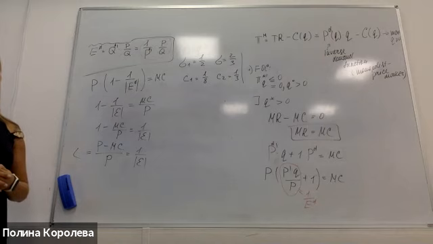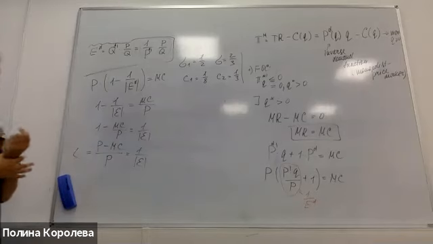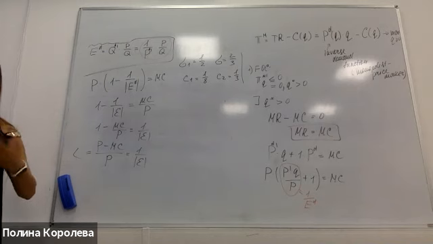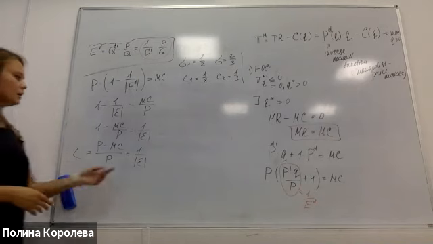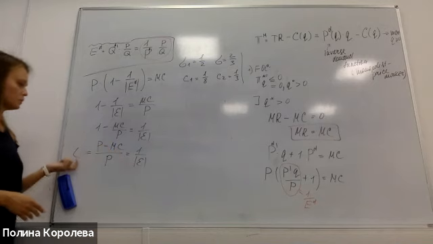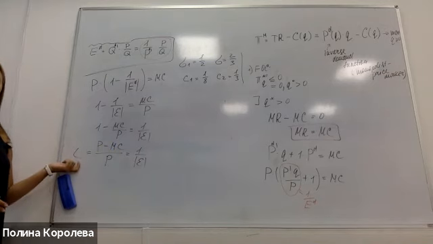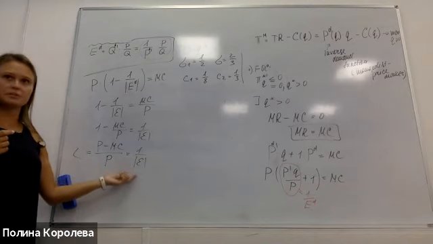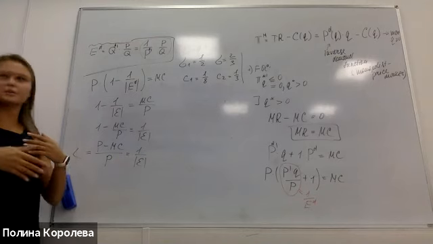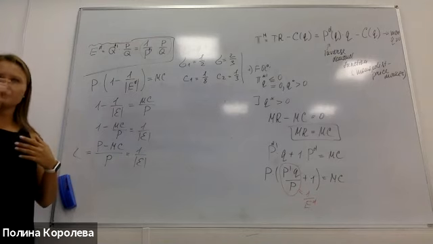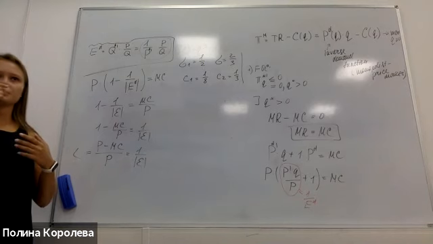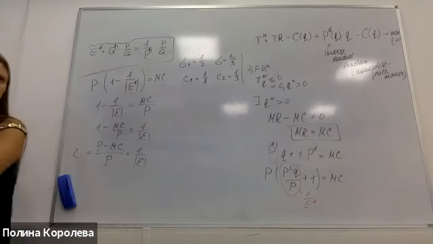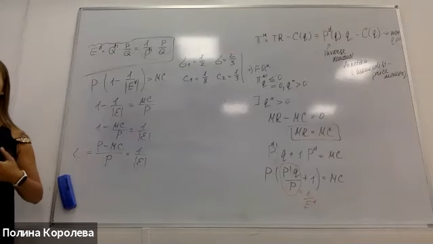So what we can say is that if we have very elastic demand, very quick reaction of buyers, then the firm has very small market power. If elasticity is very big, then for a very small increase of price a lot of people leave us, so we have very small market power.